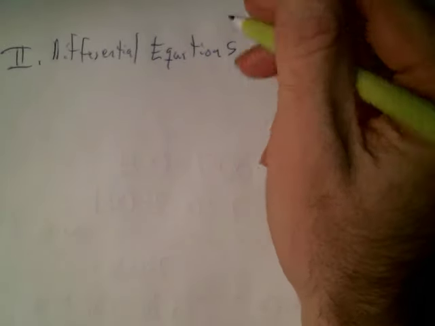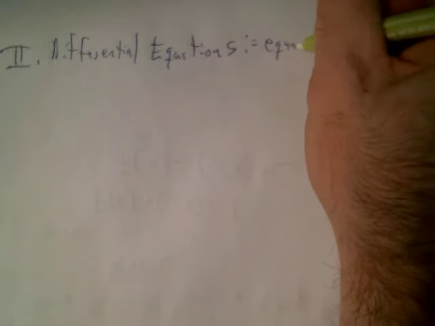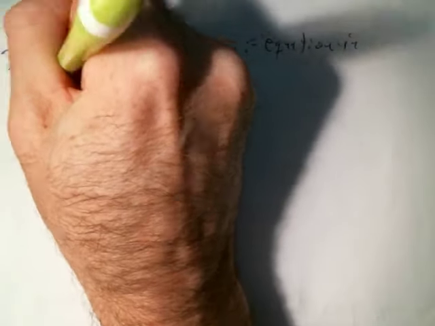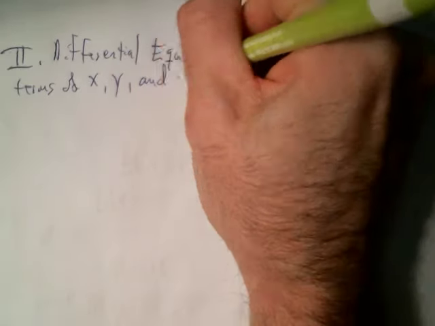A differential equation has a bunch of unknown functions and the derivatives of those functions floating around. So it's basically an equation in terms of x, y, and derivatives of y.